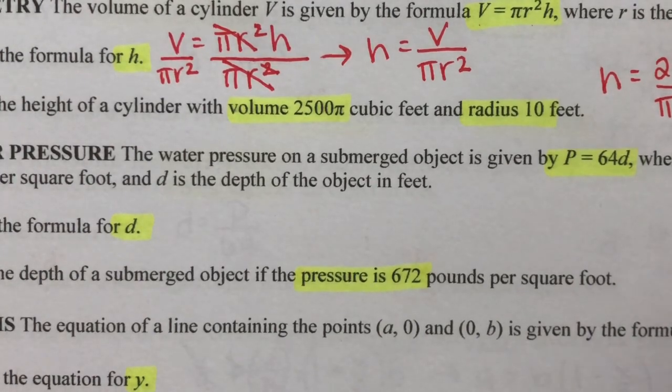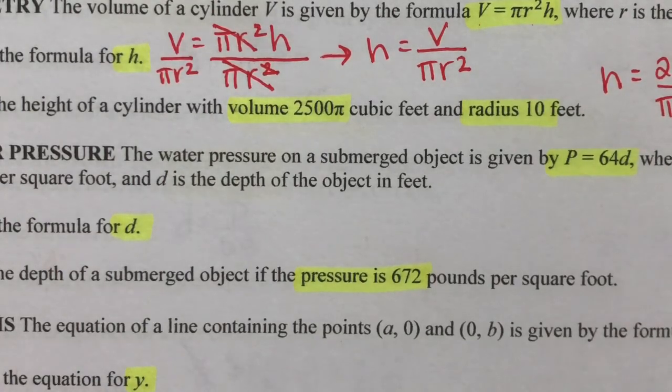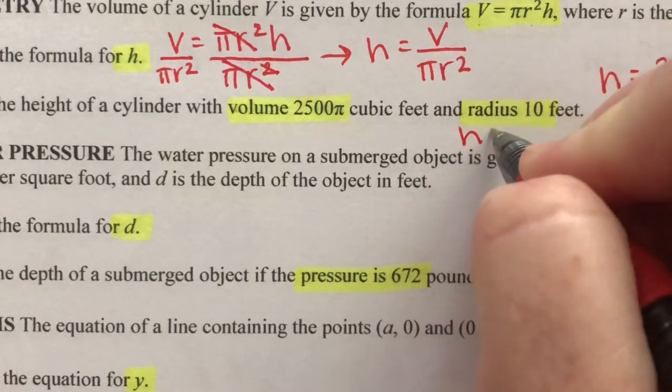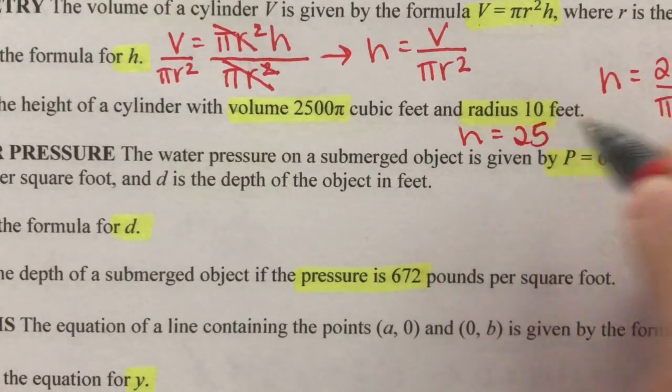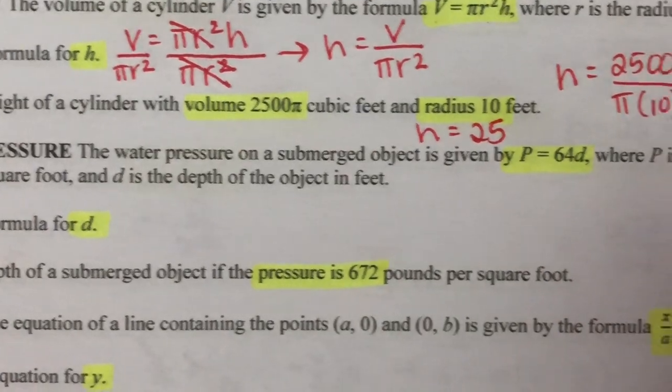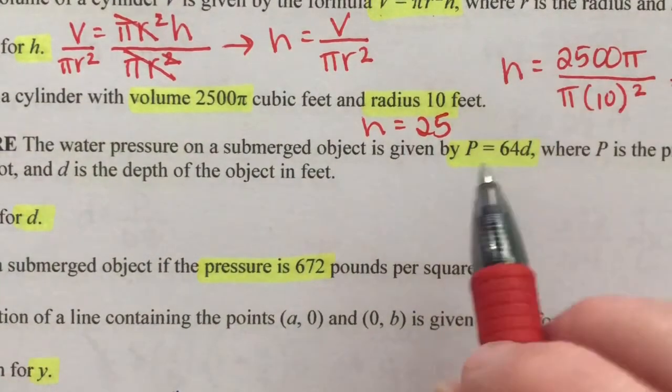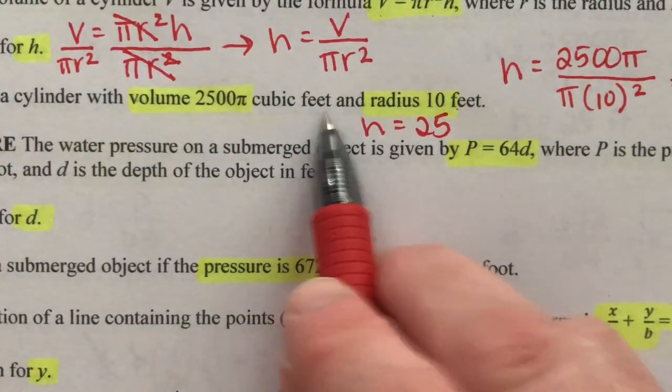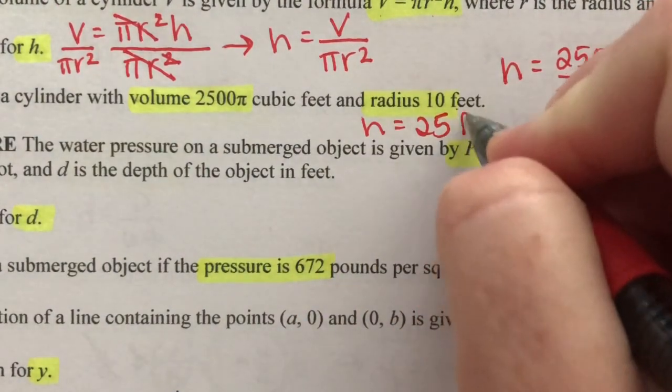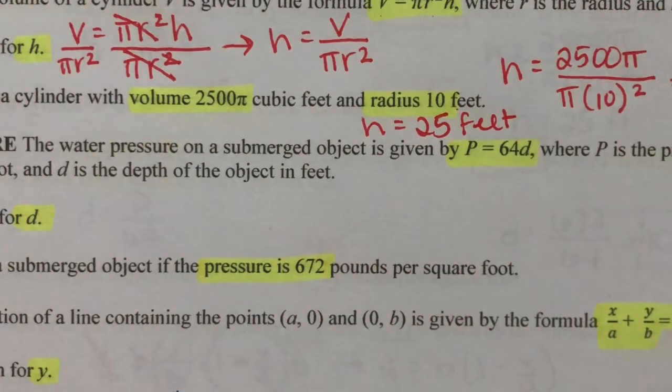These pi's are going to cancel each other out. Pi divided by pi just cancels. And 2,500 divided by 100 is just 25, right? So h equals 25, and you always want to include units of measure if it's given to you. So this is saying feet, feet, feet, feet. So the height is 25 feet.